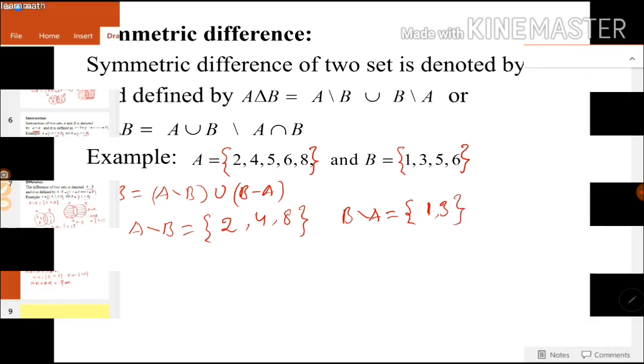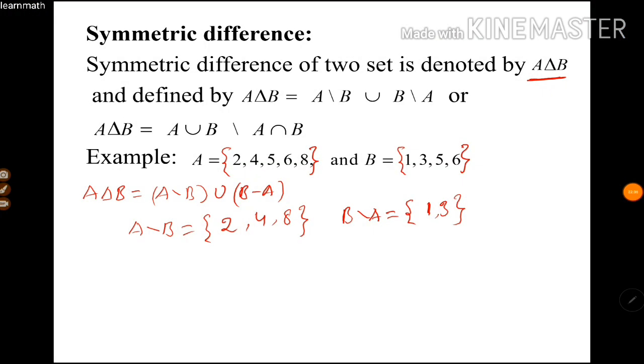So that is B minus A. Now from the definition of union, find A minus B union B minus A. We can take 2, 4, 8, 1, 3. This is the symmetric difference of two sets.